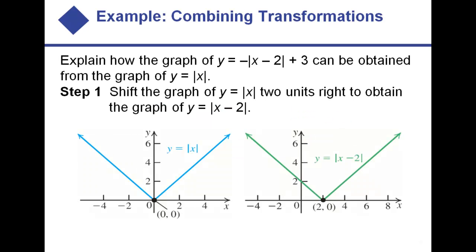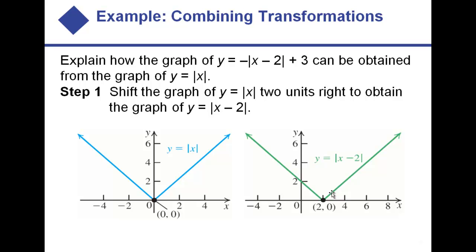Here are some examples. So we start off with our normal function y equals the absolute value of x. When we put the negative 2 on the inside, it shifts 2 units to the right. So we're doing inside first.